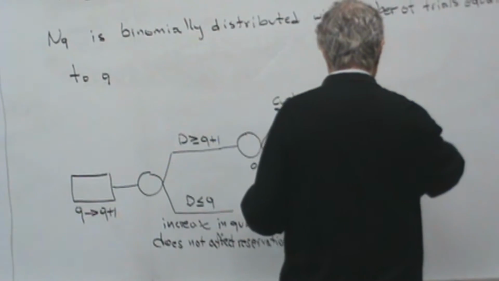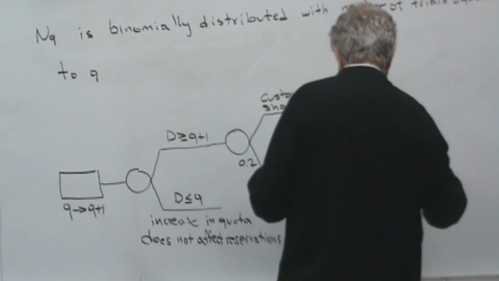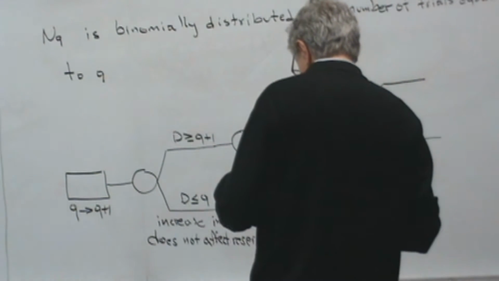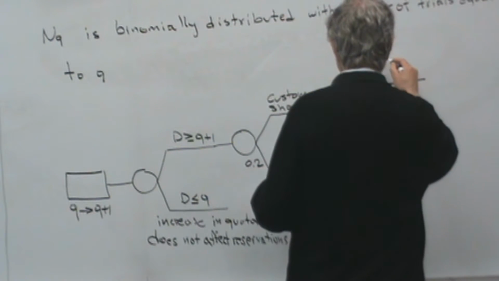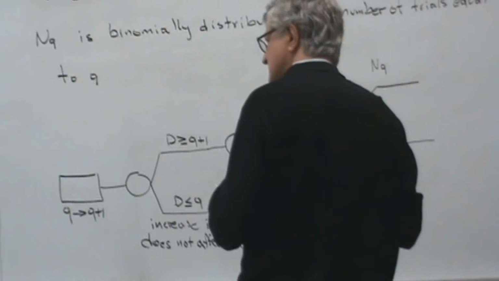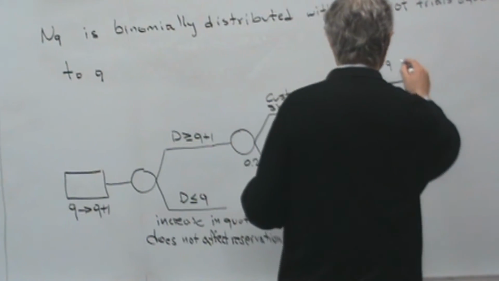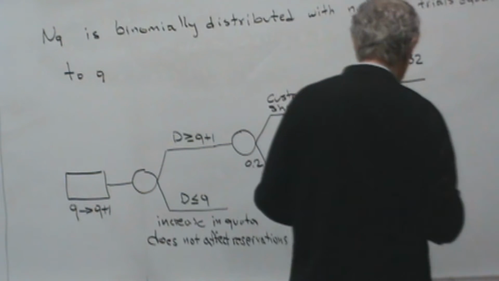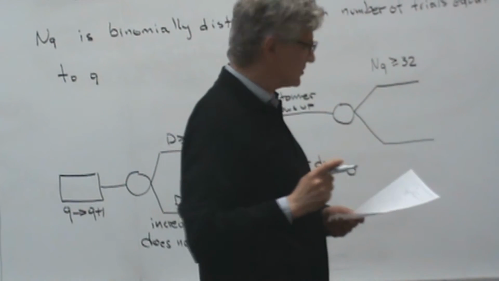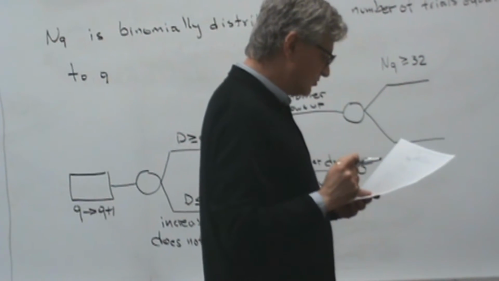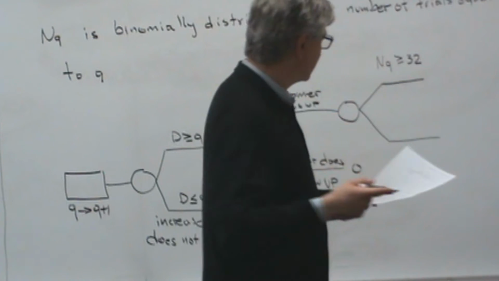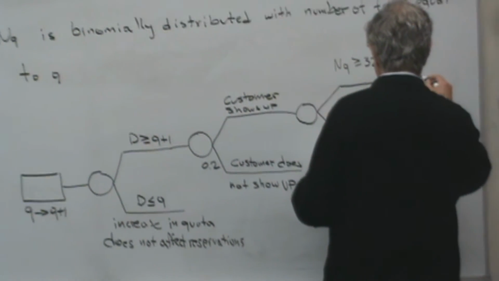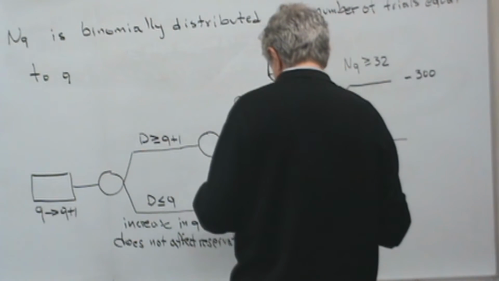So we have a random event here. If NQ is greater than 32, that means the number of people who showed up is greater than 32, then we lose $300 as an airline. So the outcome is $300 lost.